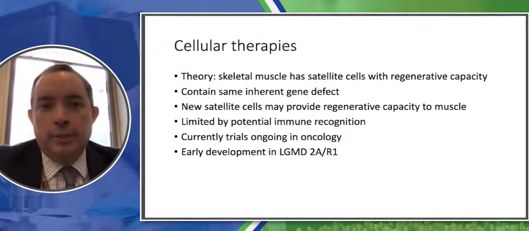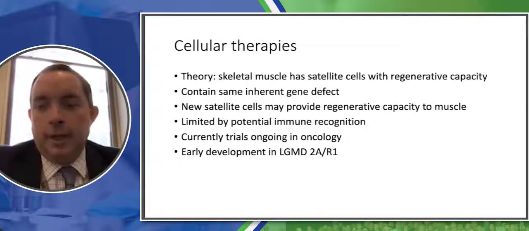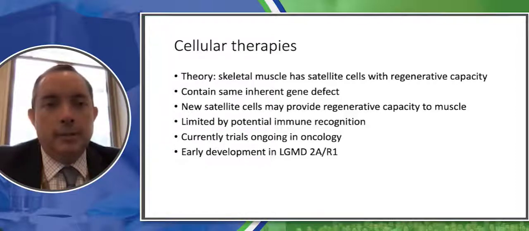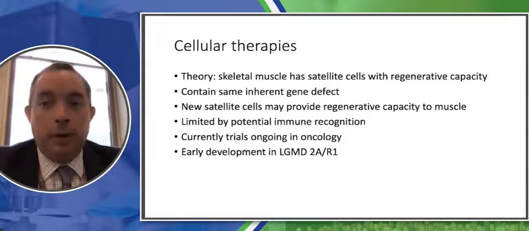A brief word. The nice thing, and Dr. Matthews alluded to this as well, is it's in the same bucket as gene therapy. Cell therapies are also in early development across the limb-girdle muscular dystrophies. Skeletal muscles, in theory, have a substantial amount of regenerative capacity. When you exercise and break down muscles, you're growing new muscles.